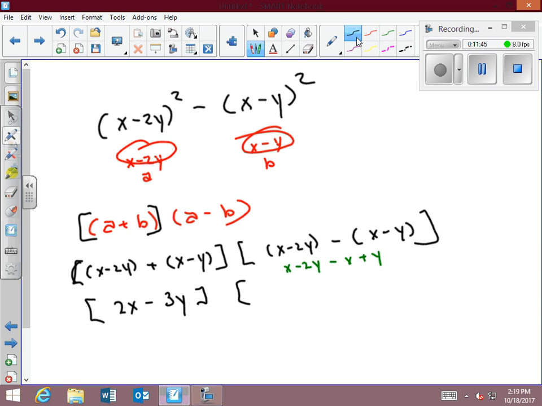So notice my x's go away. You know, I wrote this problem wrong, but if you're just watching the problem, this should have been a plus. But we'll just go with what I wrote down, because it makes no difference. The x's go away, and I have a negative y. So the problem is going to be a little different answer here than what's in the book, but you get the idea of what you do.